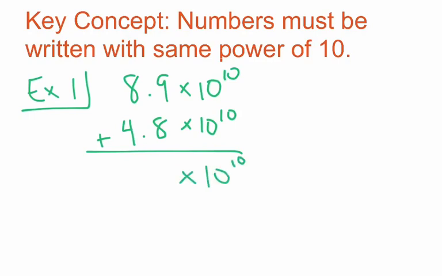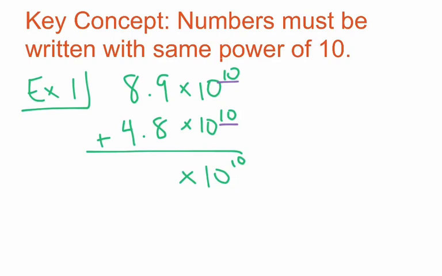The key concept says numbers must be written with the same power of 10. Here we have 10 and 10 for our exponents, so those are the same. There's nothing that we need to change before we begin adding.